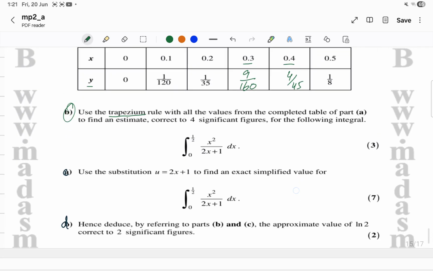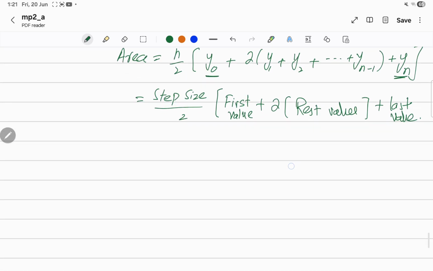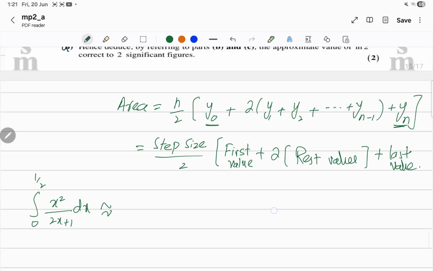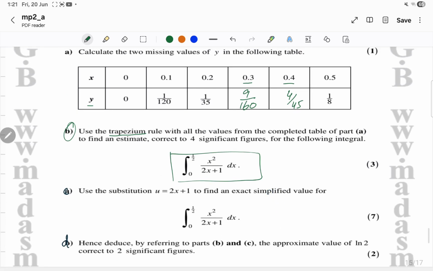Okay, so since we have to solve this integral by using the trapezium rule, consider the integral from 0 to half of x squared over 2x plus 1 dx, and we know for this function we have the table over here.